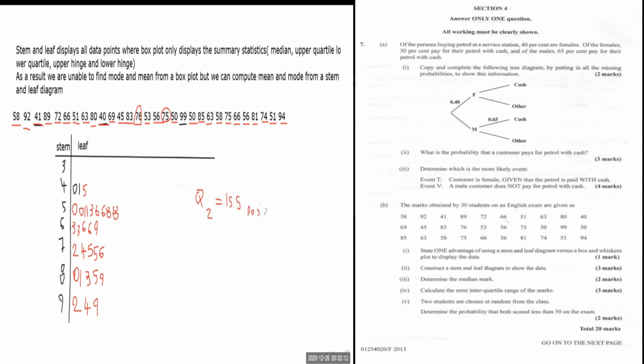All right, so the 15.5 position is going to be in between. Let's go there. 1, 2, 3, 4, 5, 6, 7, 8, 9, 10, 11, 12, 13, 14, 15. So the median is in between here. So the median Q2 is equal to 66. That's the median. That is, the median is 66.